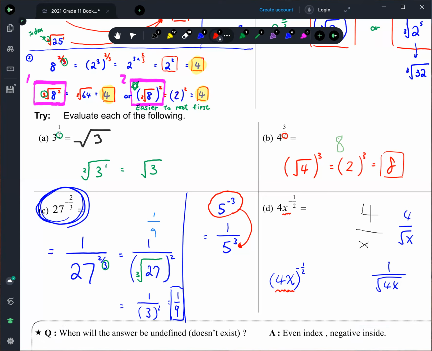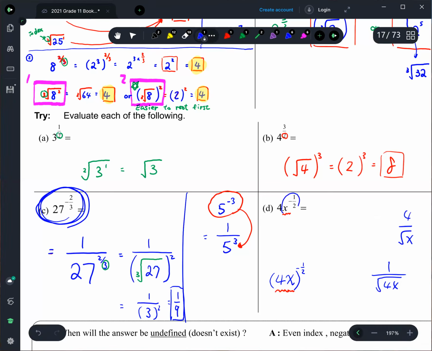Okay, so if the base only x, then only the x can be moved. Okay, so if you do the flipping, let me clear the drawing first. Okay, so after you do the flipping, only the x part, this part I circle, only this part will flip to the other side. Okay, so 4 has to stay, x to the half.